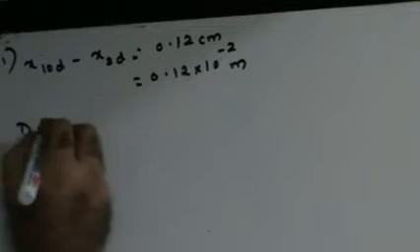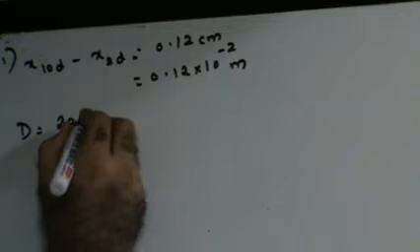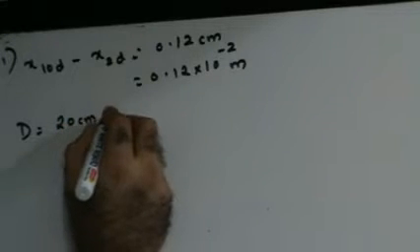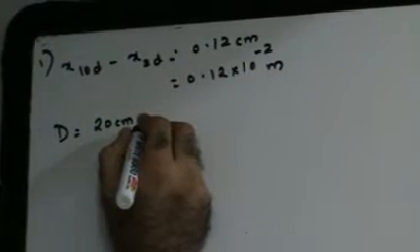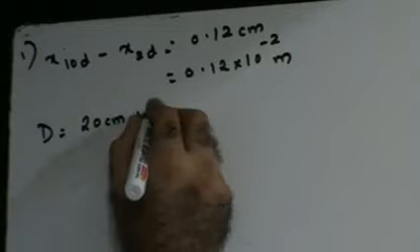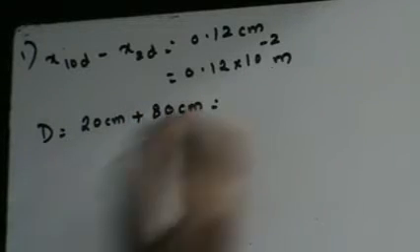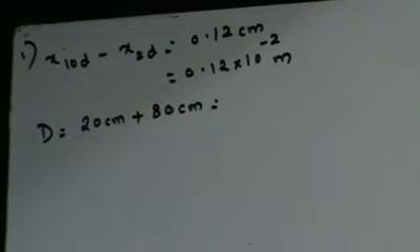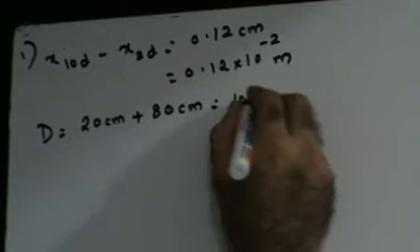The distance between the slit and the biprism is 20 centimeters, and between the biprism and the eyepiece is 80 centimeters.